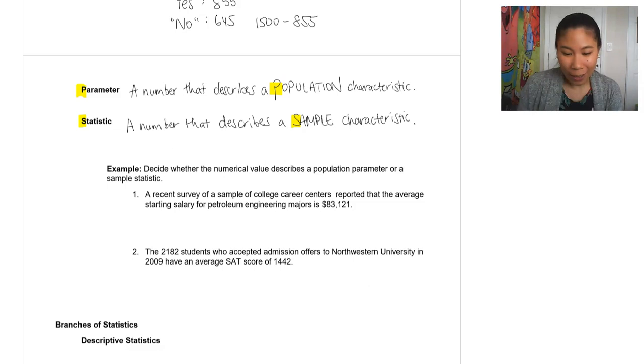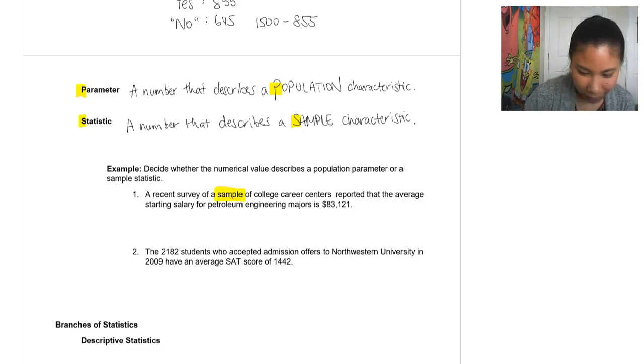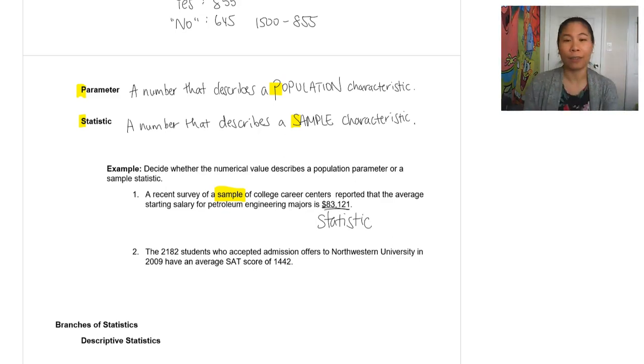So we want to see if this is a population parameter or a sample statistic. So we want to look at, in this question, did they take that survey from a population or a sample? But if you read carefully, it clearly says sample. They took a sample and then they came up with this number. So that means this has to have been a statistic. So that 83,000 number is a statistic.